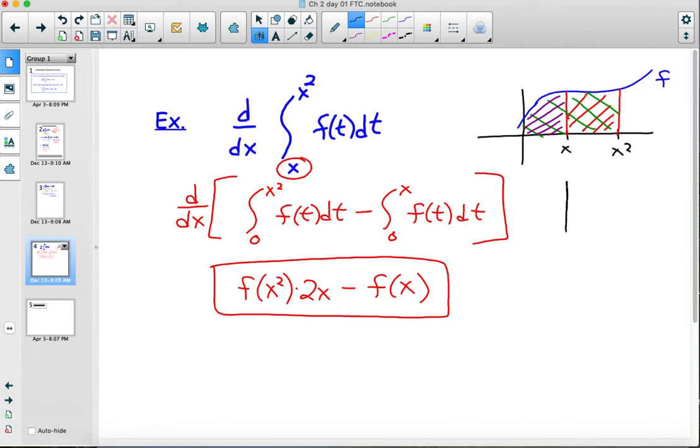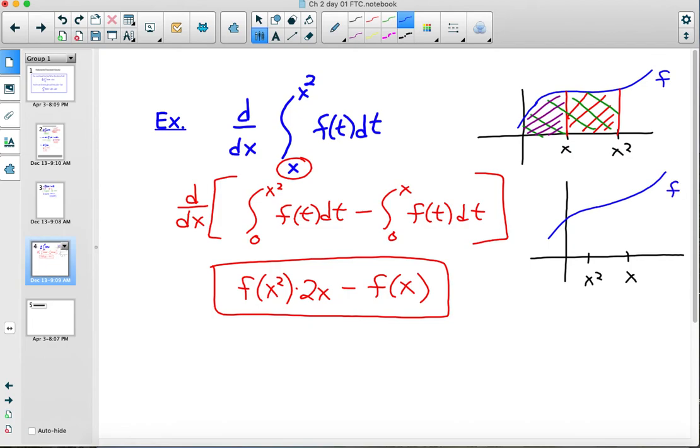Now, what if x was a fraction? Because I guess we should consider that. Well, that would mean that when we square it, that would be a smaller number. So x would actually be bigger than x squared. Would this still work? Well, once again, there's a function f.